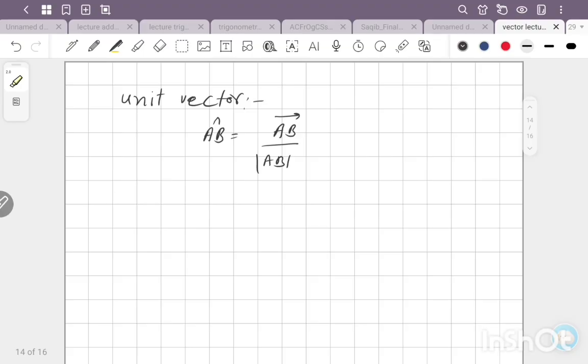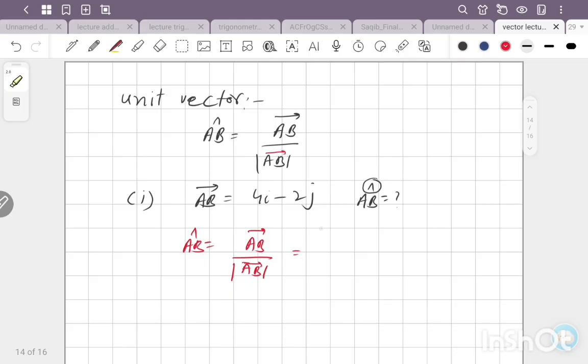Now we have the first question. Here AB is the vector 4i minus 2j. The question is to find its unit vector. This sign shows the unit vector. AB unit vector equals the AB vector divided by its magnitude. The vector is 4i minus 2j.